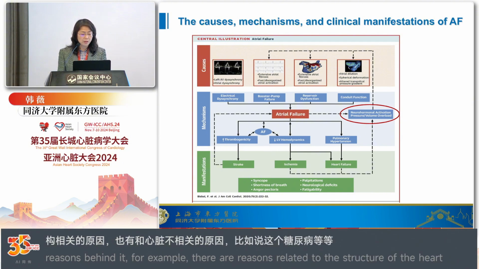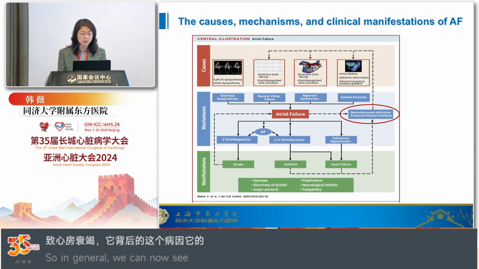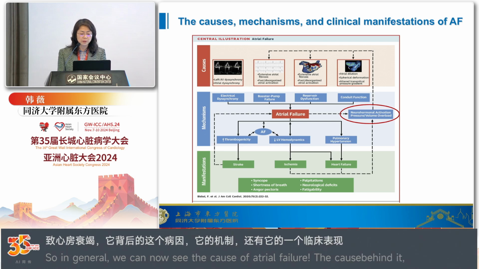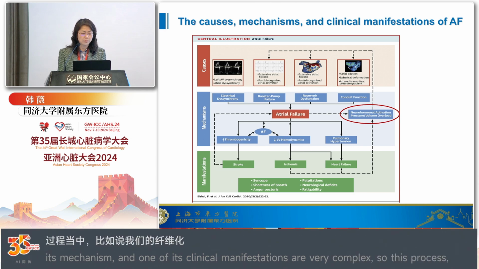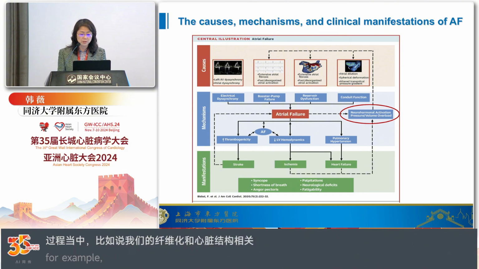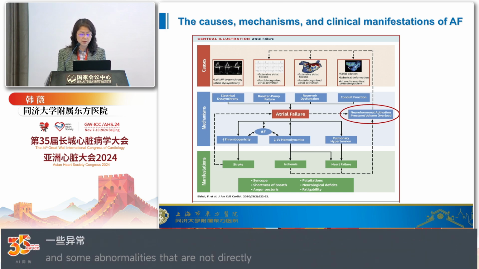We can see if there is left AV dyssynchrony, left atrial dyssynchrony, and extensive atrial fibrosis, all this will induce electrical dysfunction, booster pump failure, reservoir dysfunction, and decreased conduit function, leading to atrial failure.